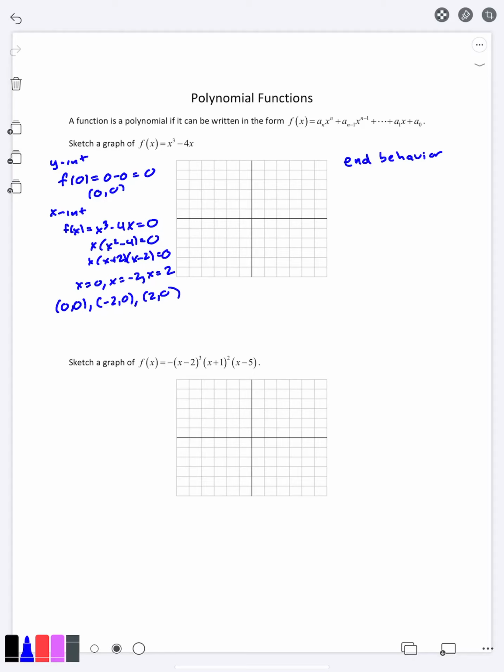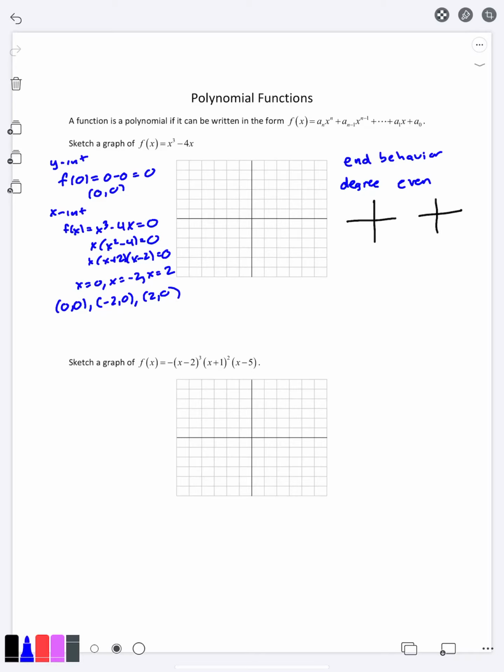And so what are we going to see here? Well, turns out there's 4 possibilities. The first thing you need to do is look at whether your degree is going to be even or odd. And I will look at degree even for my first 2 things here.